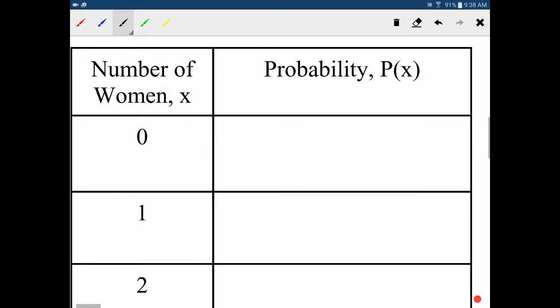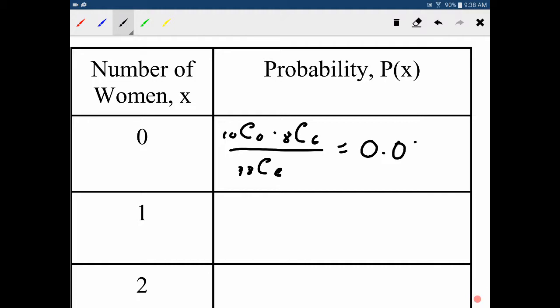Let's start plugging them in. We start with 10 choose 0, times 8 choose 6, over N choose R, which is 18 choose 6. That equals 0.0015.